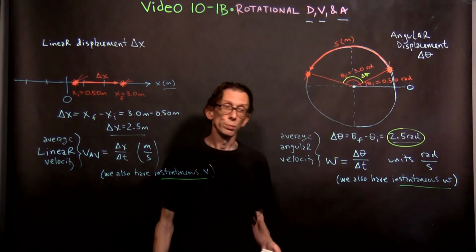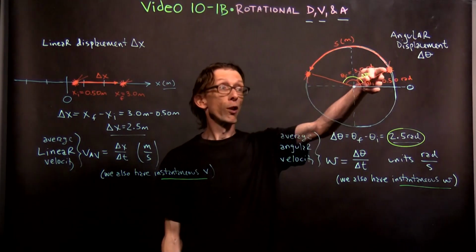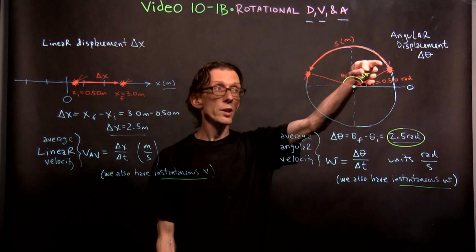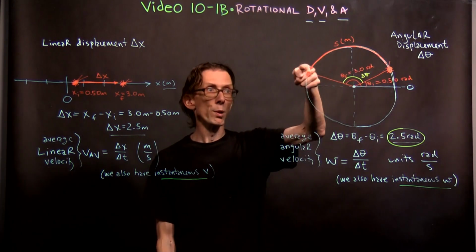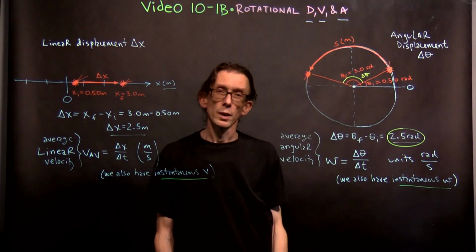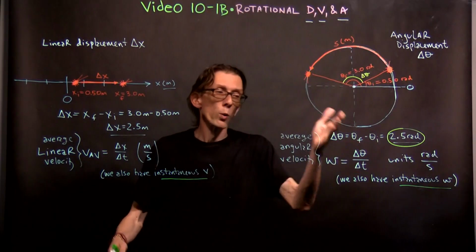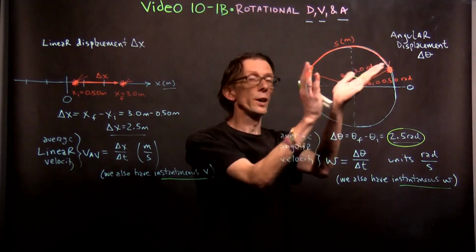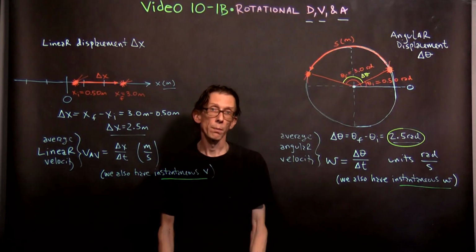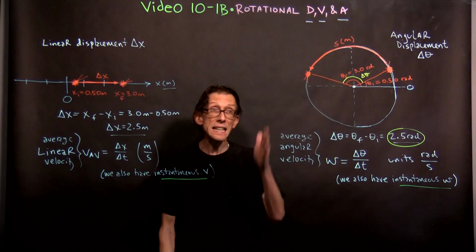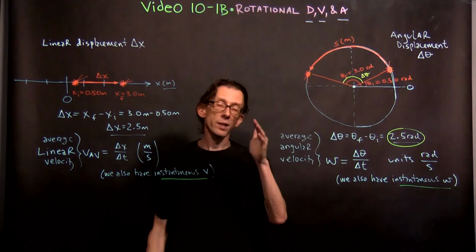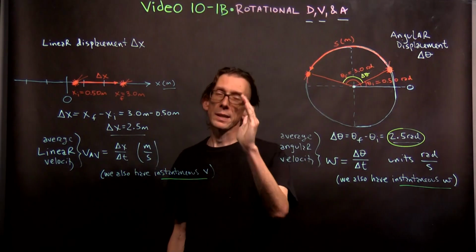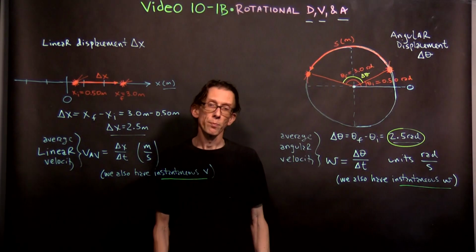Same thing here. Maybe the bug is going to start off real slow and kind of relax and chill. Maybe he'll stop for a while. Maybe he'll back up. And then maybe at the end he'll sprint, boom, to this point. We have the average velocity over the whole trip, the total delta theta over time. But also at any given point during that trip, we can take a snapshot of the bug and ask ourselves, what is his angular velocity at that point in time?